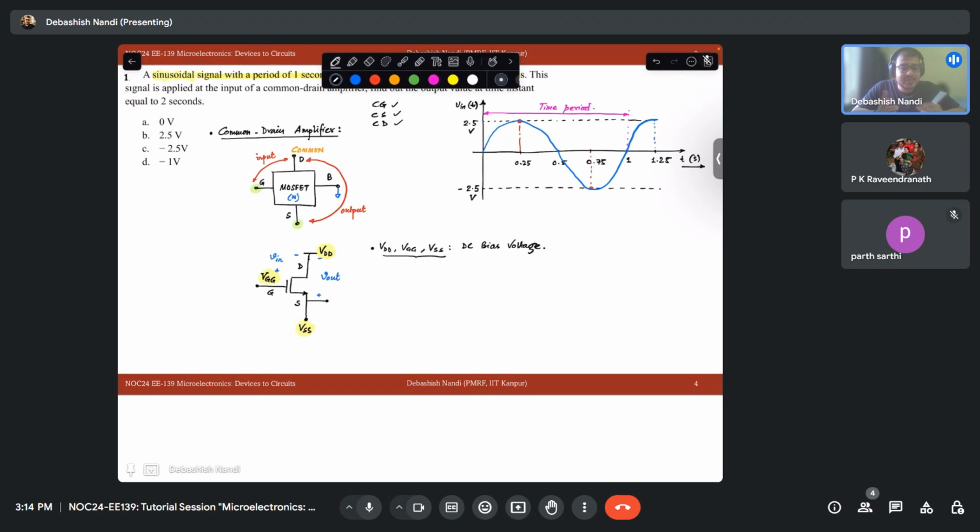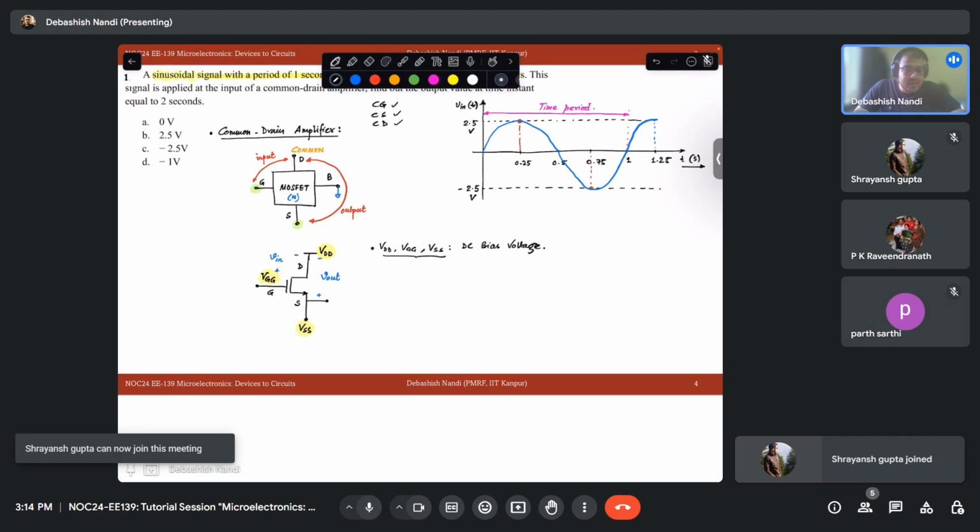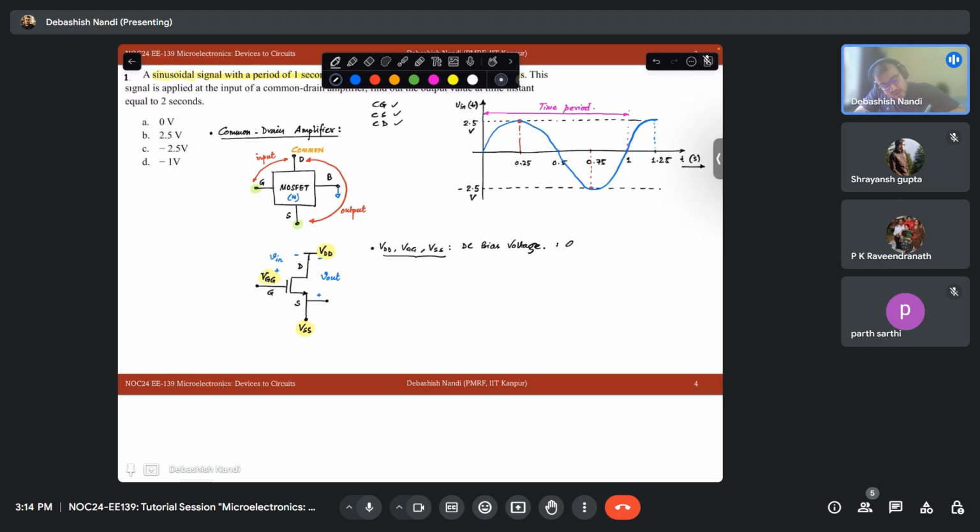In inversion my device is turned on. If VGS is less than threshold voltage, that is the DC voltage, my device is turned off or in the subthreshold region. Similarly, based on the bias applied at the drain side, we know whether my device is operating in the linear region or the saturation region. So this determines your Q point or quiescent point, also called the bias point.